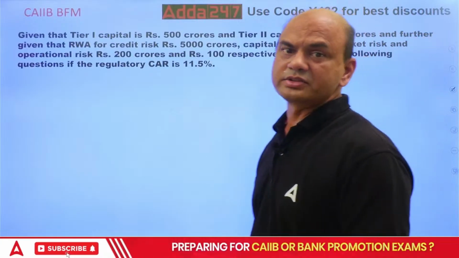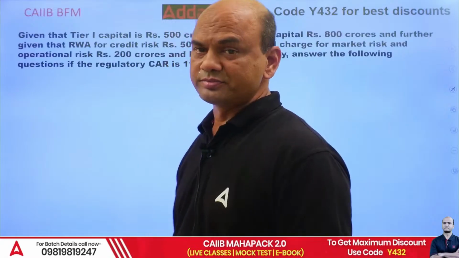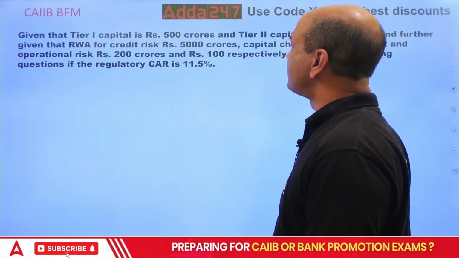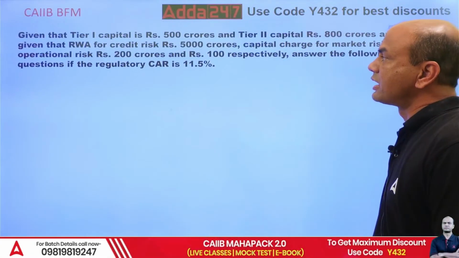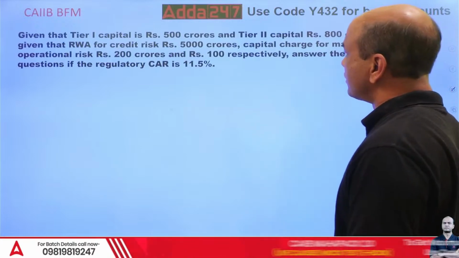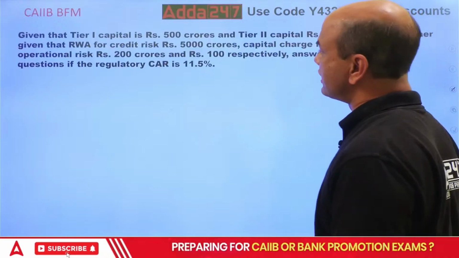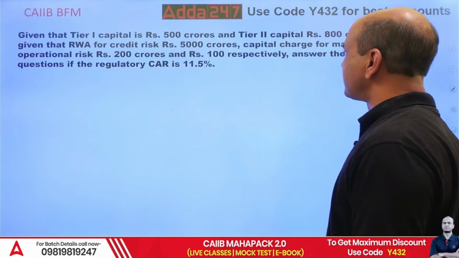This was the numerical I was talking of. Let's do it. Given the tier 1 capital is 500 crores, tier 2 is 800 crores, and further given the RWA of credit risk is 5000 crores, capital charge on market and operational risk is 100 crores and 100 crores respectively.